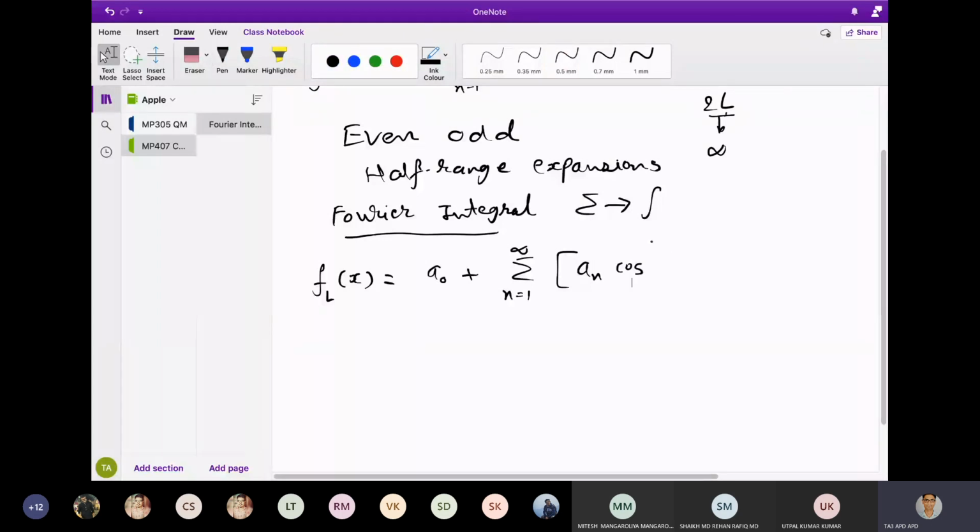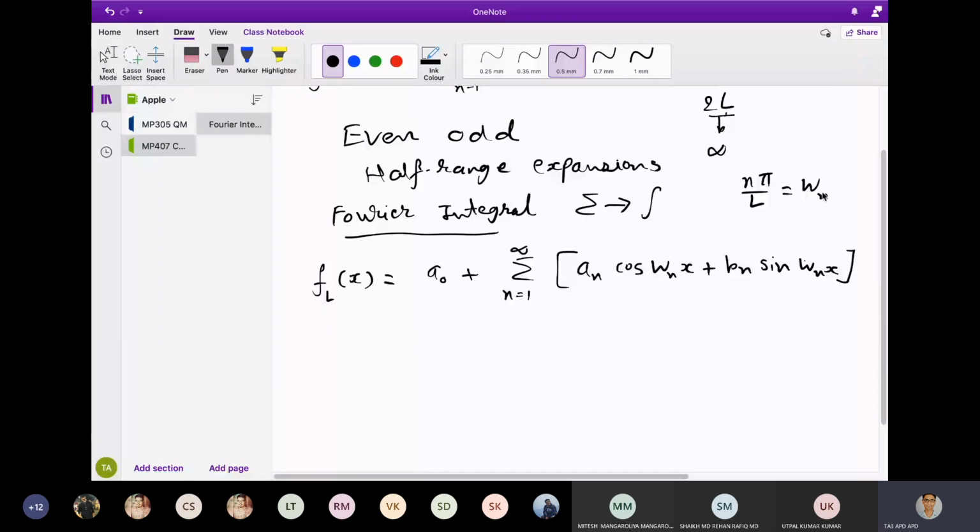Now, what I'm doing here is replacing n pi by L by this term w sub n. So a n cos n pi x by L is going to be a n cos w n x plus b n sin w n x. All right.